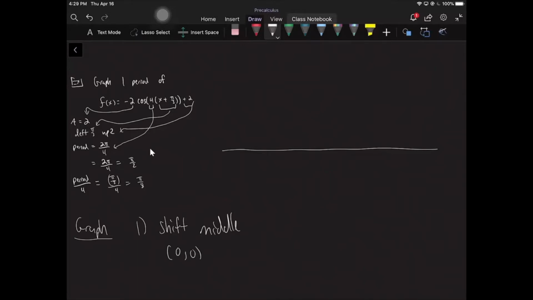So that's still going to go left, so negative pi over 3, and it's going to go up 2. So this first tick mark is going to be at negative pi over 3, and then I'm going to go up 2, which I'm just going to estimate as being like right here.